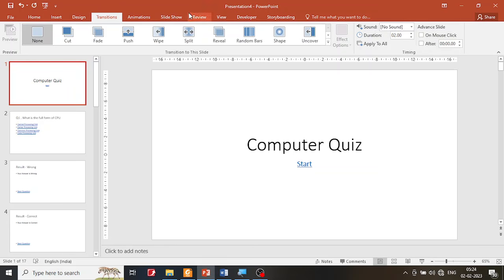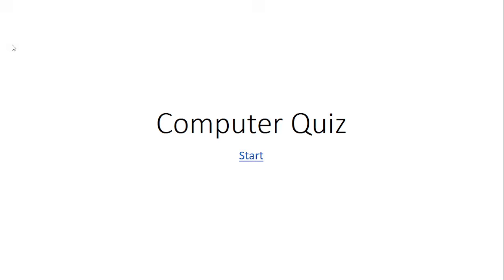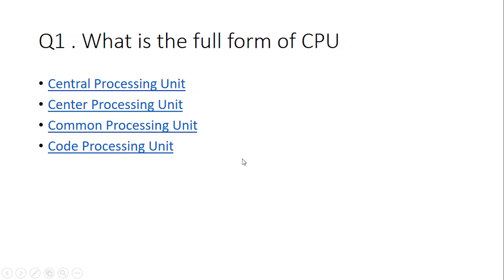Now I'm going to go to the slideshow from the beginning, and you have it here. If you click, it won't take you to the next slide. However, if you click on this start, it will take you to the next slide. So you click on start, and you have the first question with the 4 choices. If you click on any of the 3 wrong choices, it will take you to the wrong result.